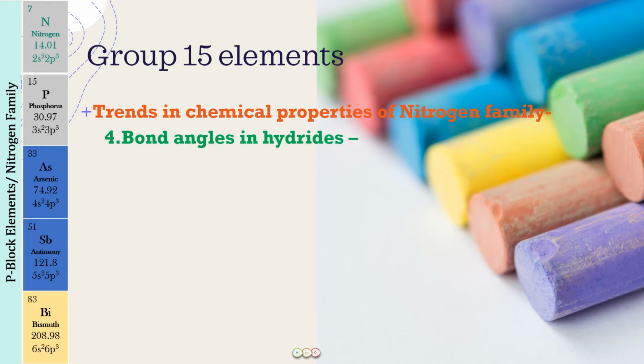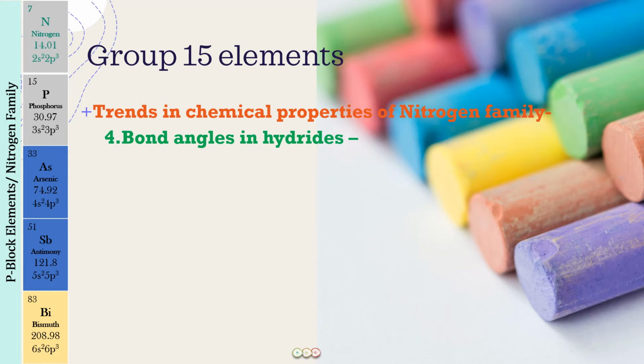So we've already discussed that in ammonia we have one lone pair of electrons and three bonded pairs of electrons. When all four are bonded pairs of electrons, the bond angle has to be 109.5 degrees. This is all that we have understood from the lectures on chemical bonding, the valence bond theory, the VSEPR theory, the hybridization concepts. In case you have any doubts related to that, you can watch our detailed lectures on chemical bonding and remove all the doubts in your mind.